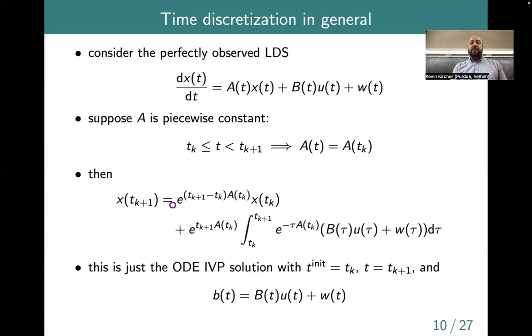So if you wanted to simulate a system, you could start with a known initial state, and that would be t0. And then you know what A is, and you can compute the matrix exponential. As long as we're able to do this integral here, and we'll talk about ways to do that, then you can start with the state at x0 and know whatever your action is, u0, and whatever disturbance is happening during that time step.